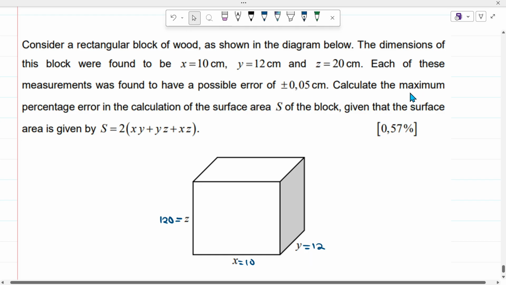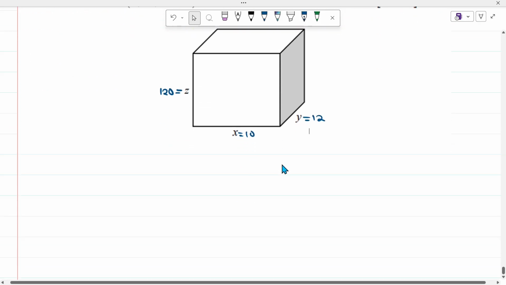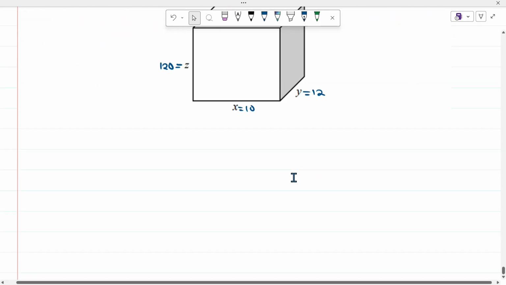Since they say the maximum percentage error, that means we should take the signs that make our small change positive, so that we can get the maximum percentage error that they want. So let's go. I'll show you what is really happening there.